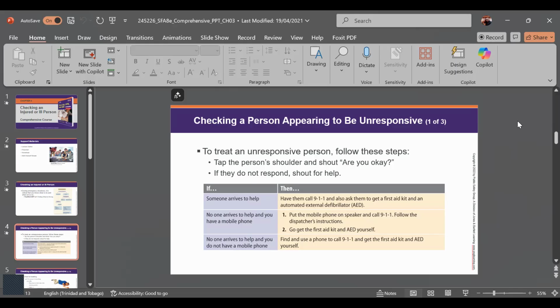This is the point in time where I would suggest you call for help, the ambulance in this case. And the reason I tell you to at least wait until you have this determination is when you call 811, the dispatcher taking this information actually has three screens in front of them.